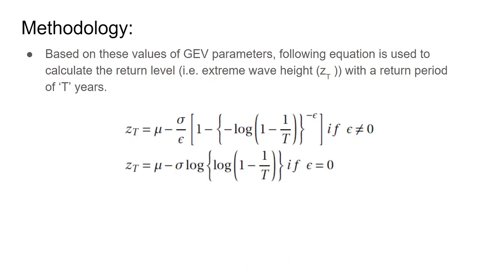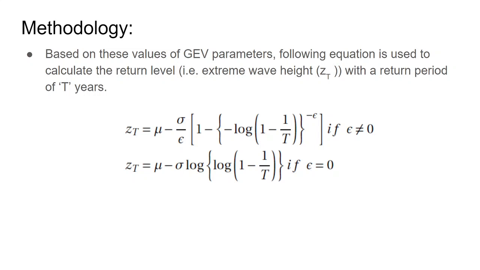So the methodology, as I told earlier: we calculated the GEV parameters, the values of epsilon, sigma, and mu, and we put those into the equation for calculating the return level.